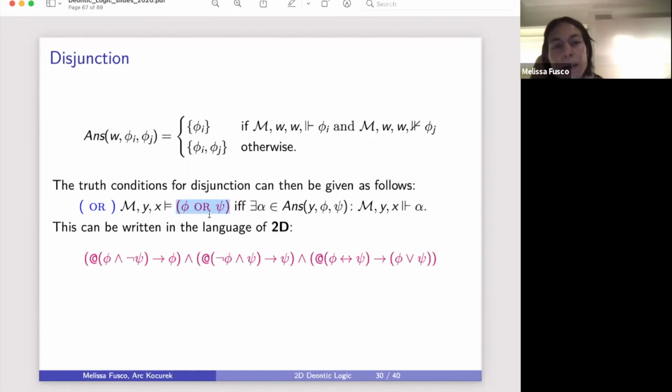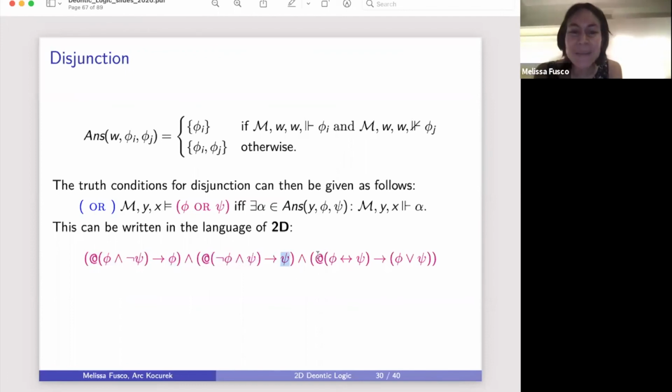So phi or psi can be written as a three-part conjunction. If it's actually the case that phi and not psi, then phi, because that's the true answer at the actual world to the question phi or psi. If, on the other hand, psi is true and phi is false, then psi.